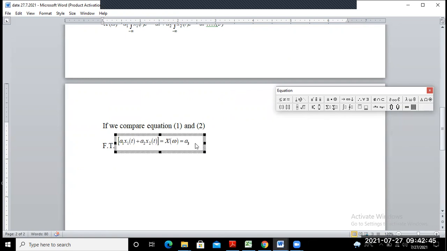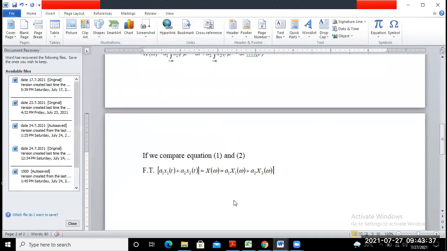Is it not? So this property we prove here. That means the Fourier transform of a1 x1t plus a2 x2t equals a1 x1 omega plus a2 x2 omega.